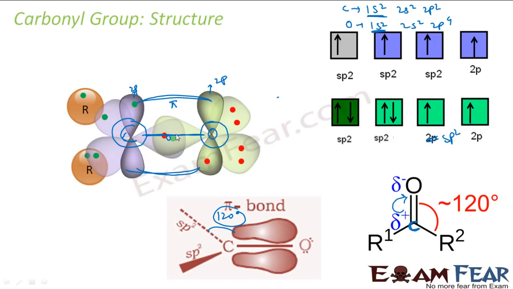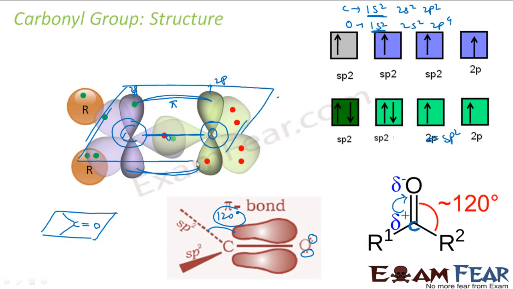And these are my lone pairs. Oxygen has 2 lone pairs. It's all in a plane actually. This is my carbonyl group, this is oxygen here, and this is my 2R, and they are all in a plane.